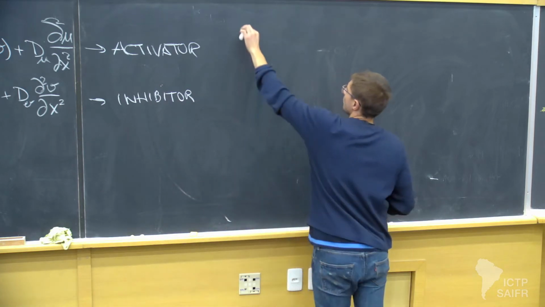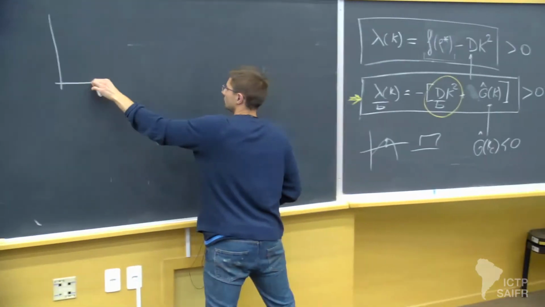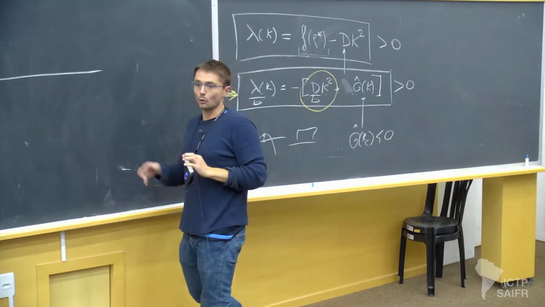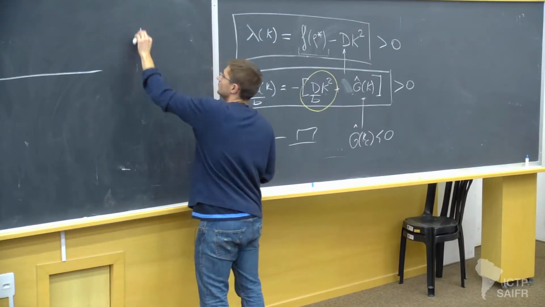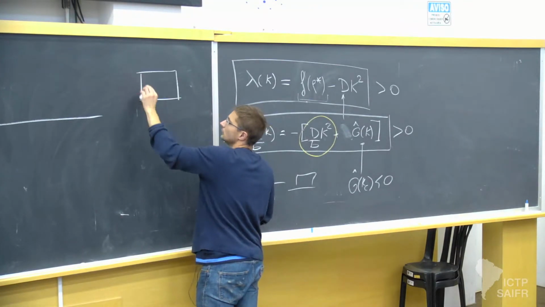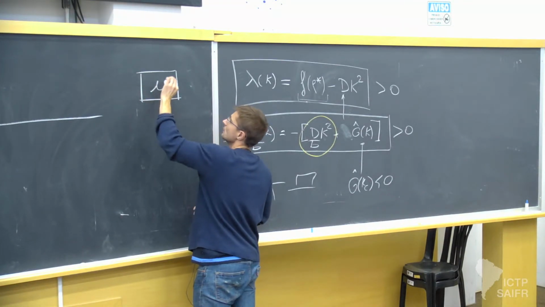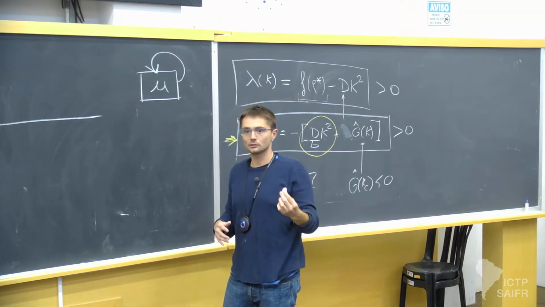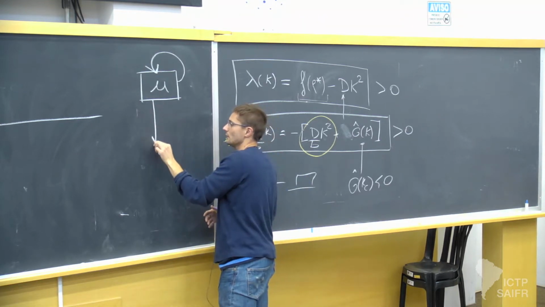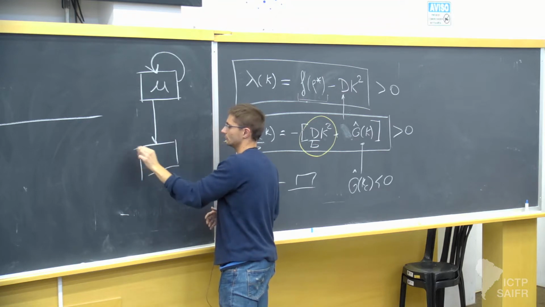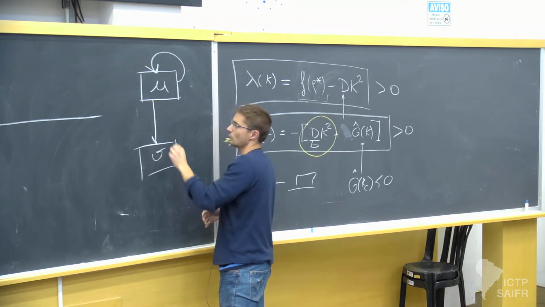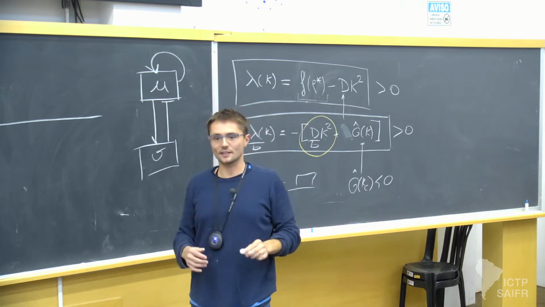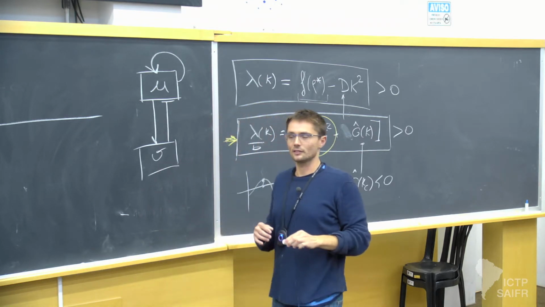And the idea is that whenever we have both of them together in some place, the activator U activates both itself and the production of the inhibitor. Whereas the inhibitor agrees with its name and inhibits the activator.